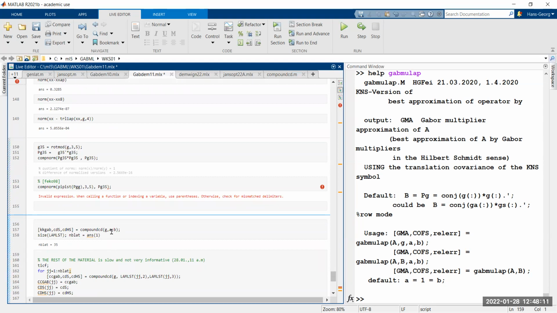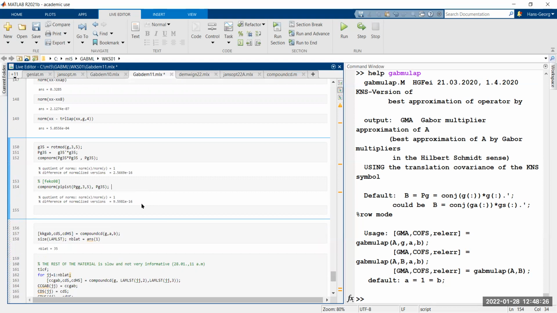Oh, no, this is not necessary. Here the bracket is too much. Yeah, see, this looks fine.